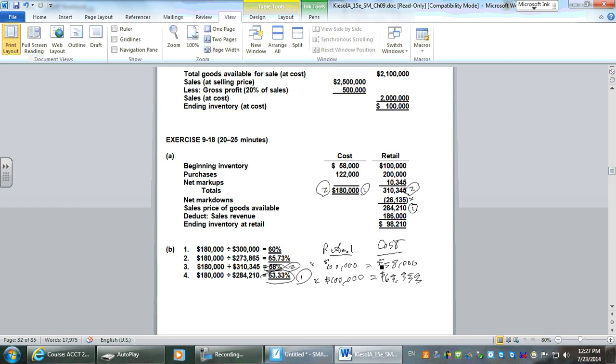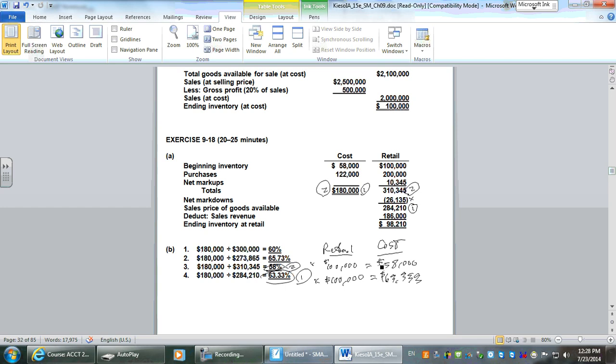What would you expect lower cost or market to do to your inventory? It would give you an estimate of inventory that is lower. So it's just a rule of thumb: I got a lower estimate of inventory by leaving out the markdowns. Everybody got it?